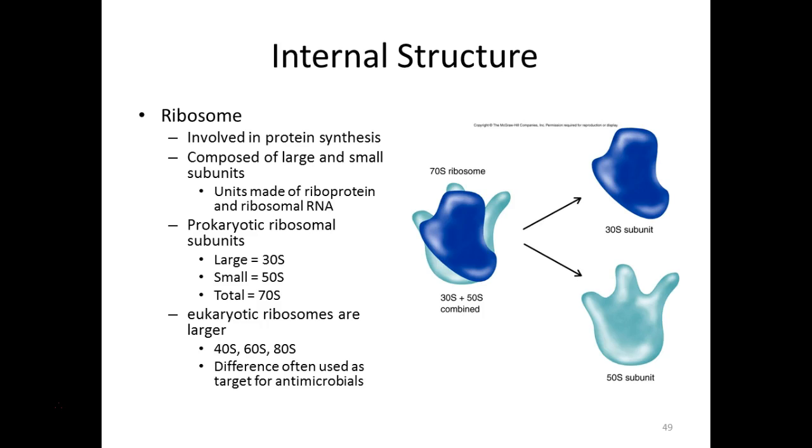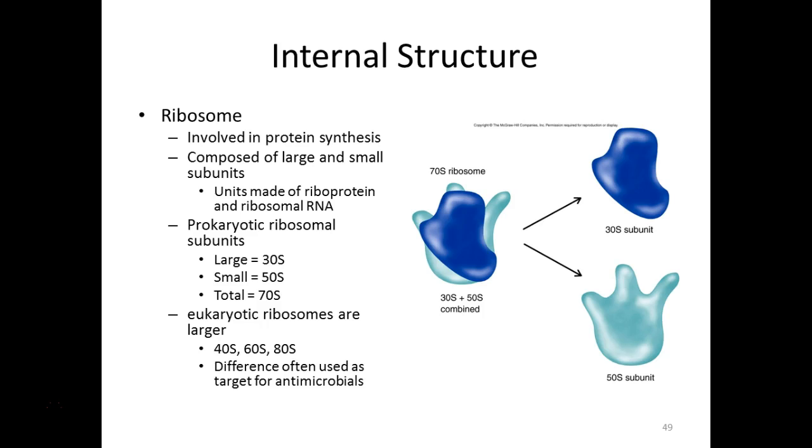How do they know how to make a protein? RNA, right? Messenger RNA, remember that? So the DNA has all the information that's encoded into messenger RNA, which is then read by the ribosome to actually make the proteins.